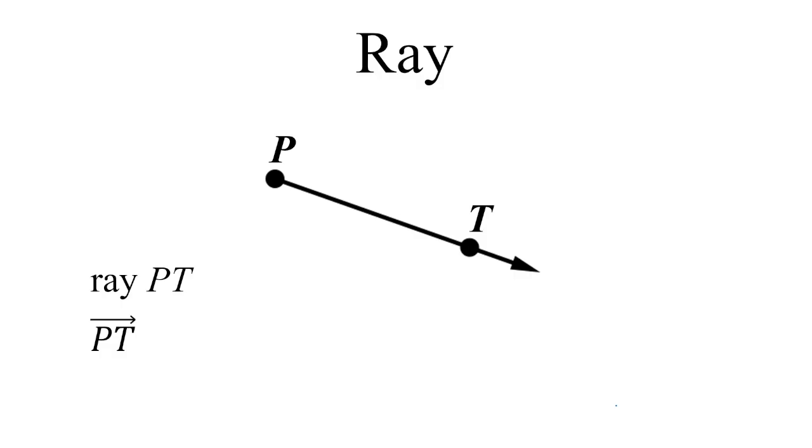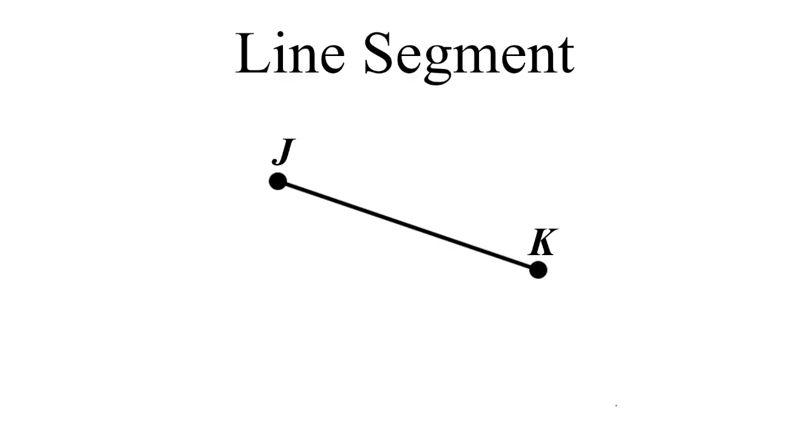So now we have the line segment. Notice there are no arrowheads on the line segment. It has 2 endpoints. That means a line segment can be 5 inches long or 5 miles long.